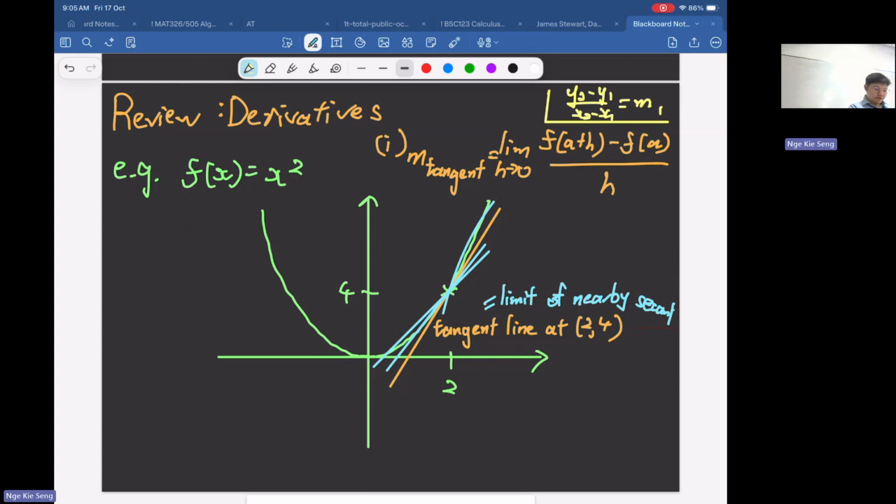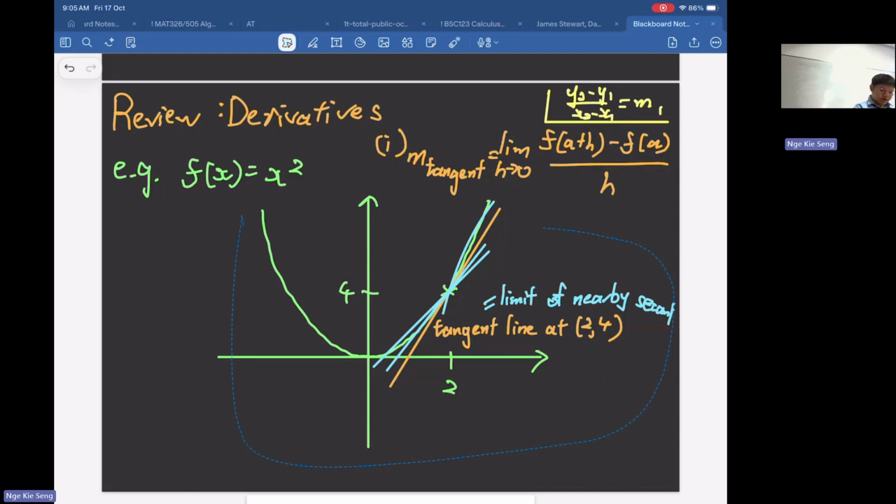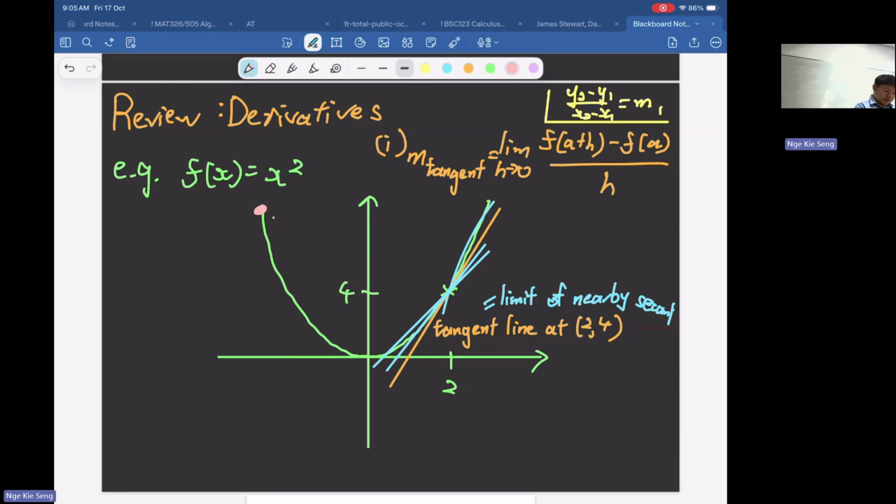The other way to see derivative was to imagine that on this curve there's a particle that flows along it, but you want to ask how fast it is at the point (2, 4). So we also realize this limit.